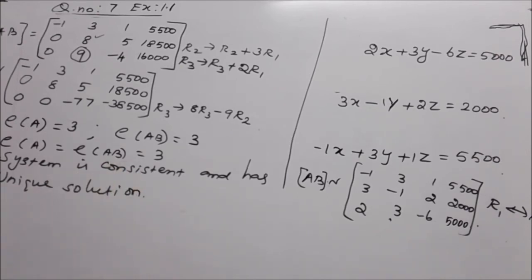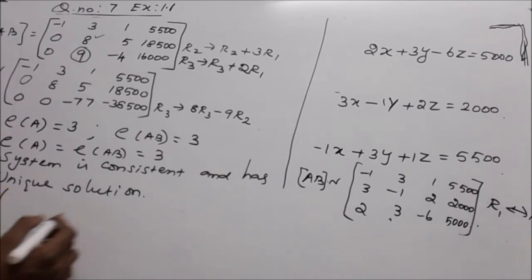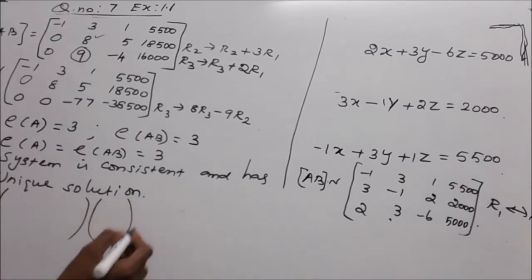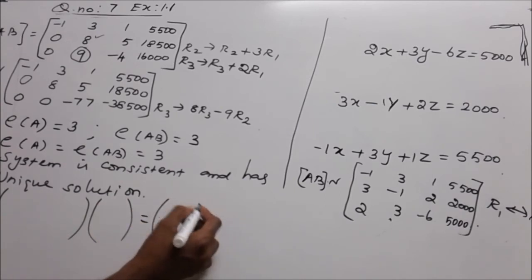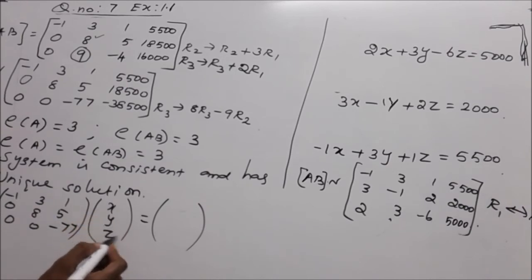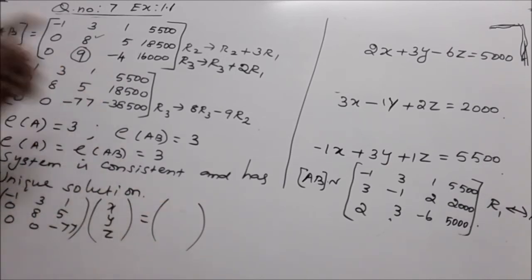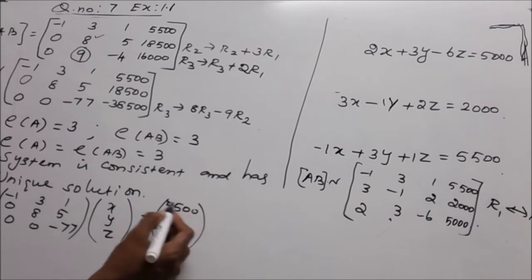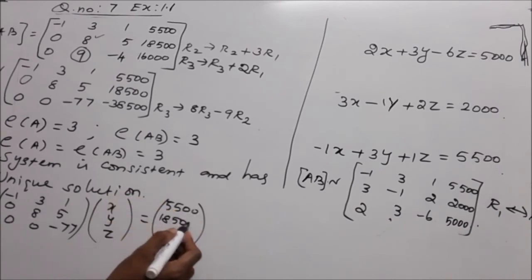To find that unique solution, we should write the last equivalent matrix again in the matrix form. First one is the coefficient matrix -1 3 1, 0 8 5, 0 0 -77. The second one is the variable matrix XYZ, and then the last one is the constant matrix 5500, 18,500 and -38,500.